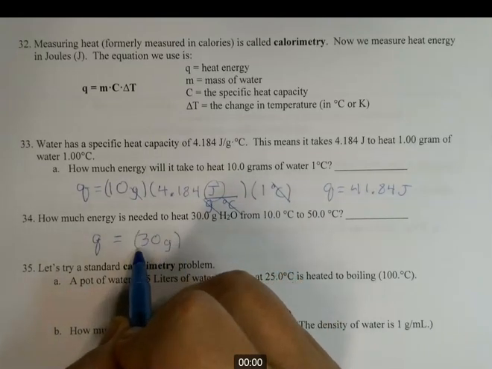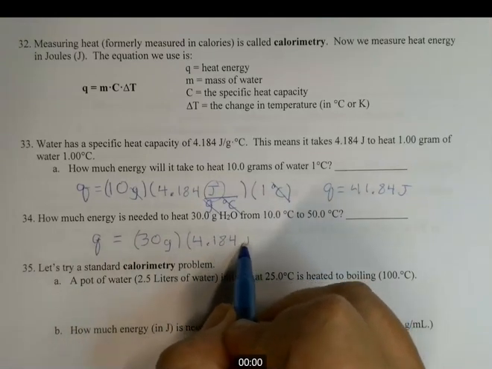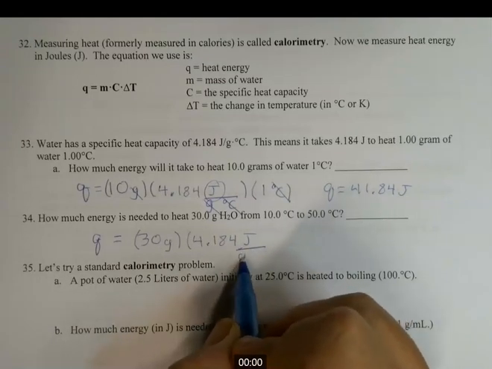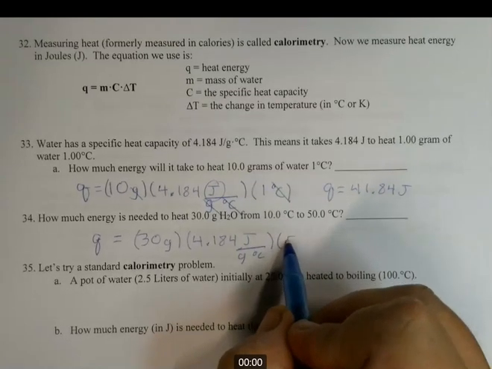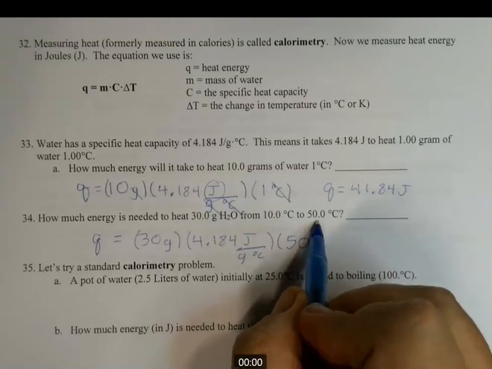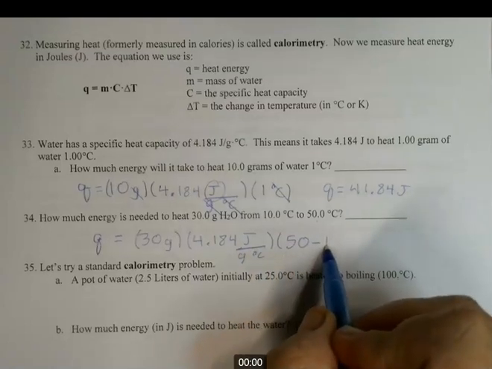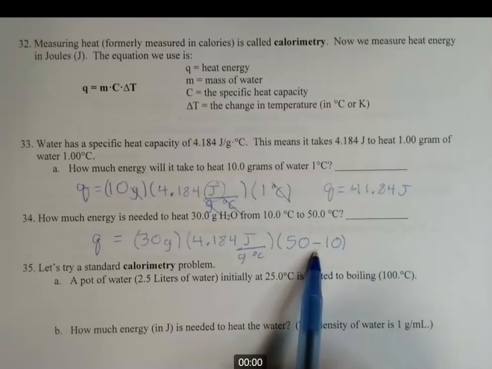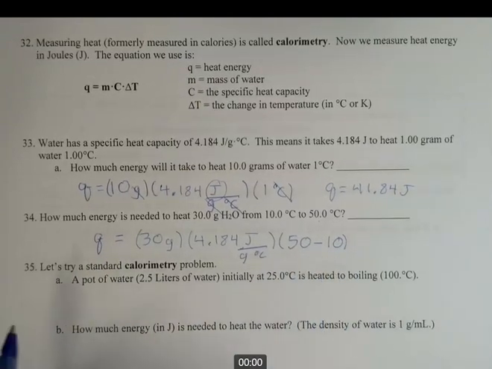And since it's water, it's still 4.184. And the delta T is 50 degrees centigrade minus 10: your final temperature is 50, minus your initial temperature of 10. That means it's going to be a positive number, and that means in order to heat it, you have to put the energy in. Energy in means heat goes in, which means temperature goes up.